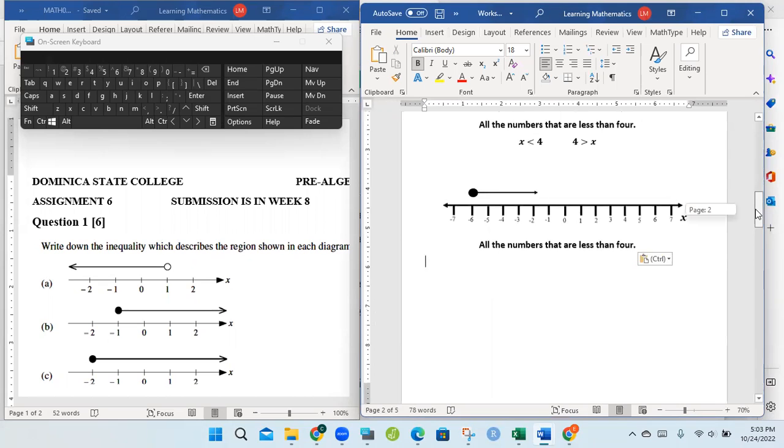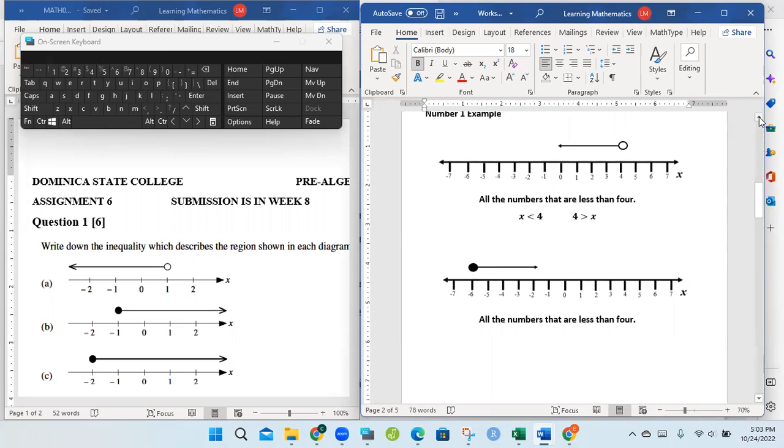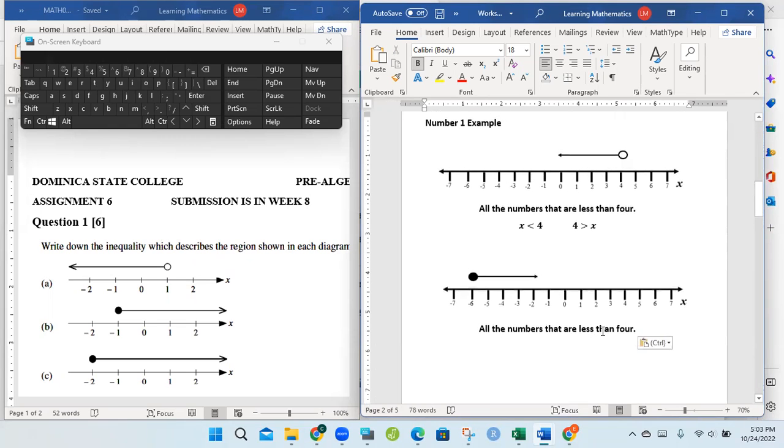All the numbers that are greater than or equal, not and, or equal to -6.